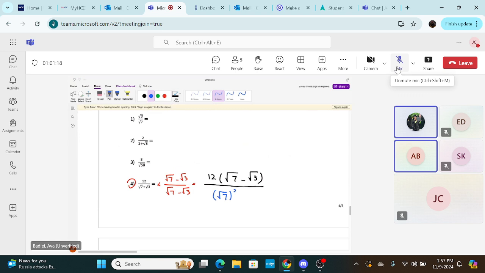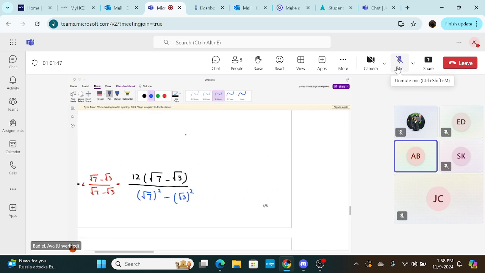So square root of 7 squared minus square root of 3 squared. Does anyone agree with this? Yes, I agree. How about you, Eureka? Yes. All right. Well, that's correct. We say the first term is squared, square root of 7 squared, minus your second term squared.